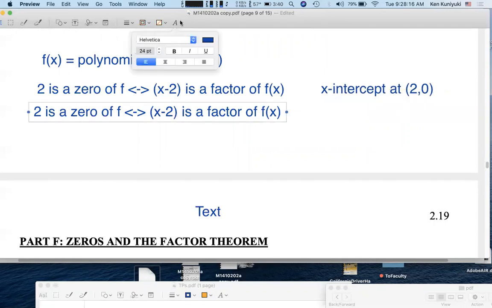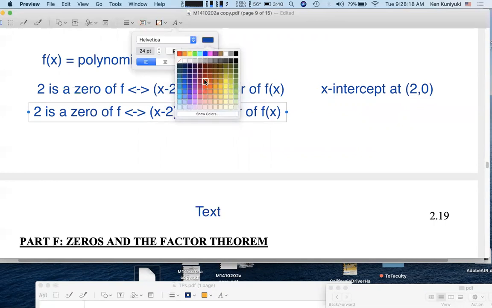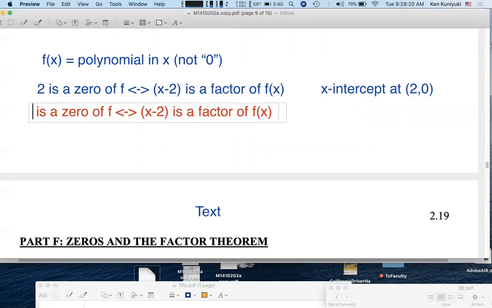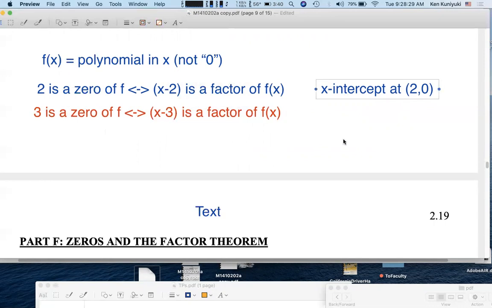Likewise, 3 is a 0 of f if and only if what is a factor of f of x? X minus 3, in which case what will be an x-intercept? 3, 0.